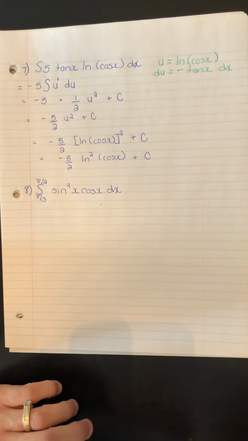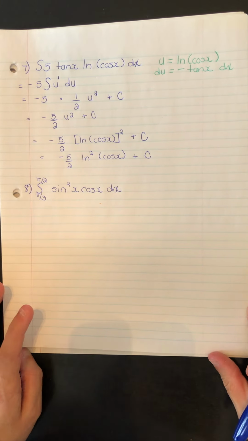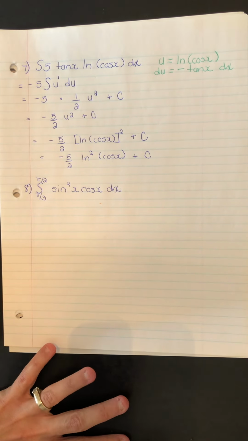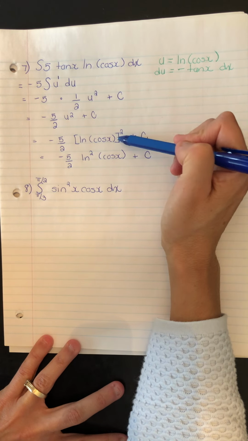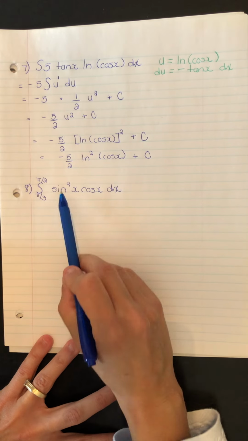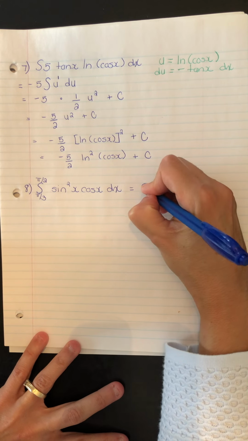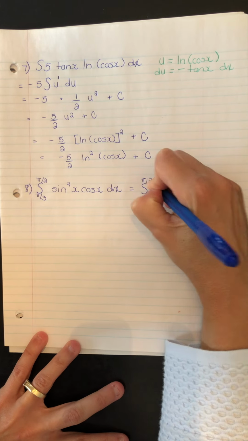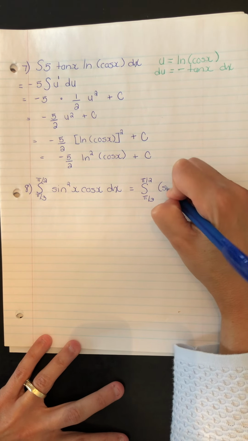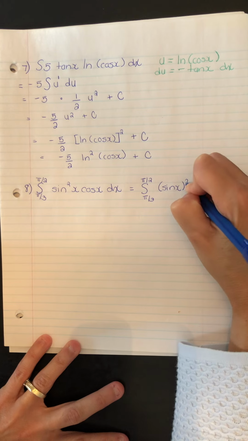Okay, so that was problem 7. Here we go, number 8. Now, just like we saw here, this problem could be written this way. So it's the sine of x all squared.